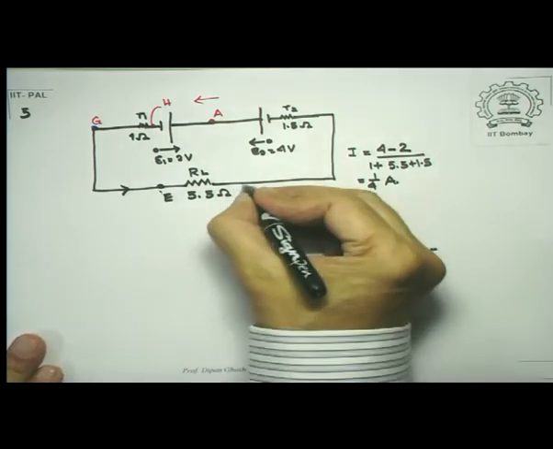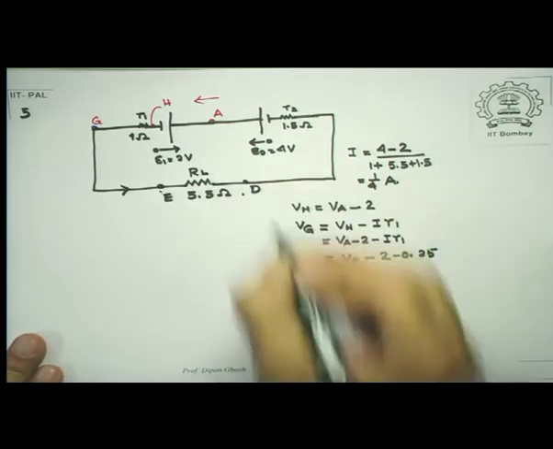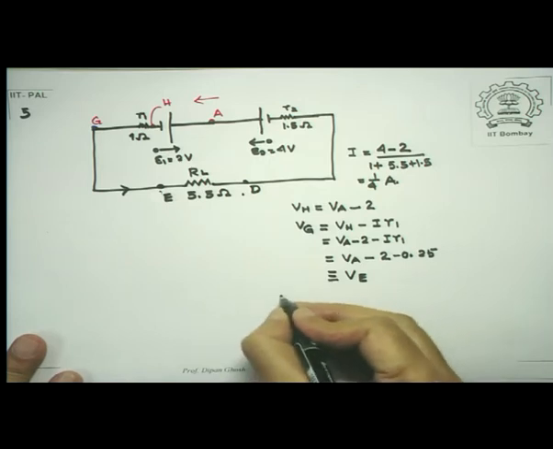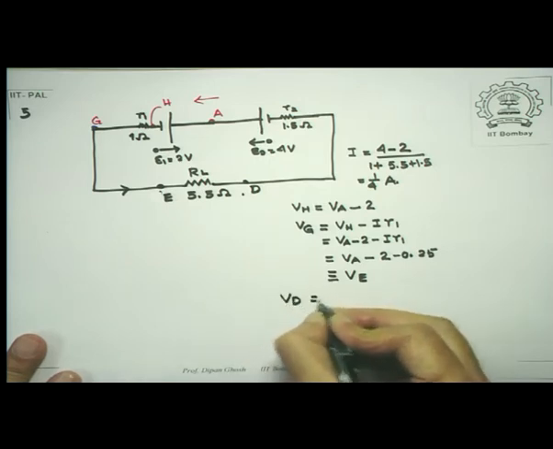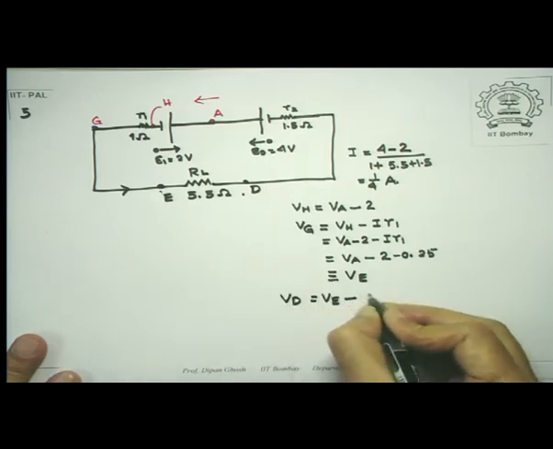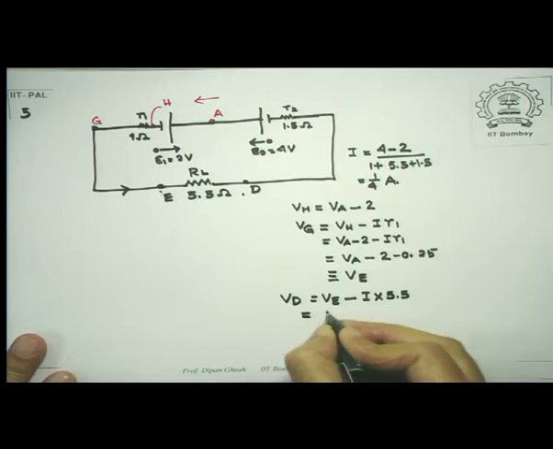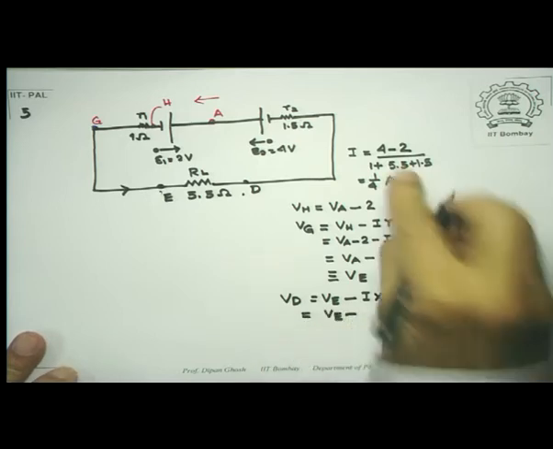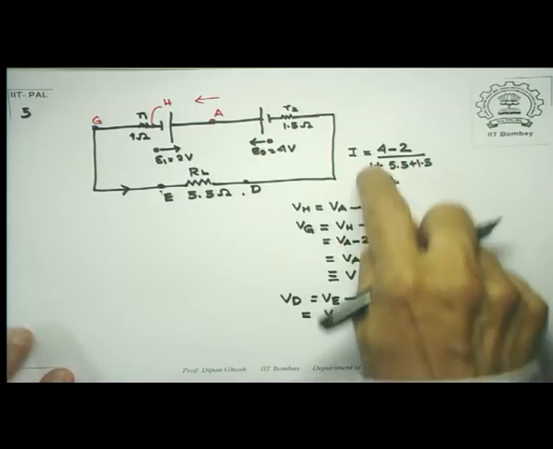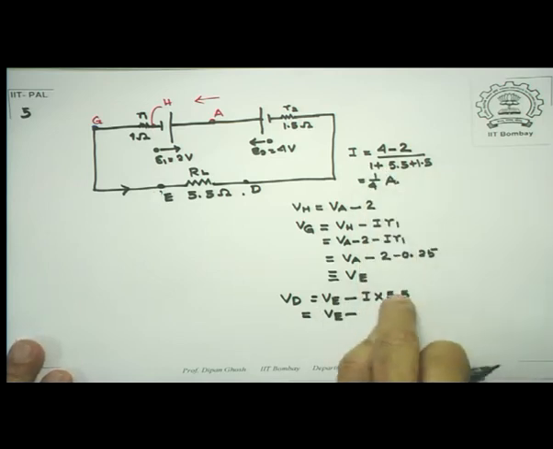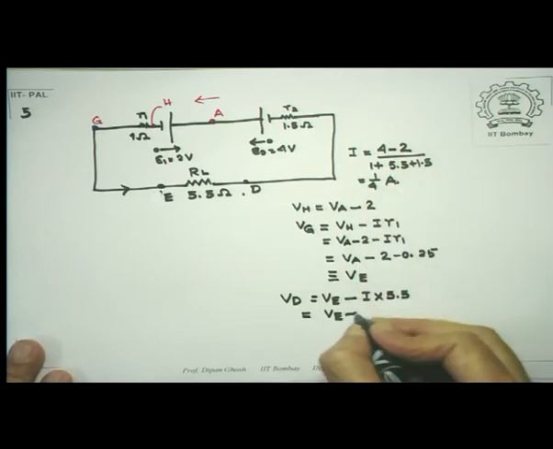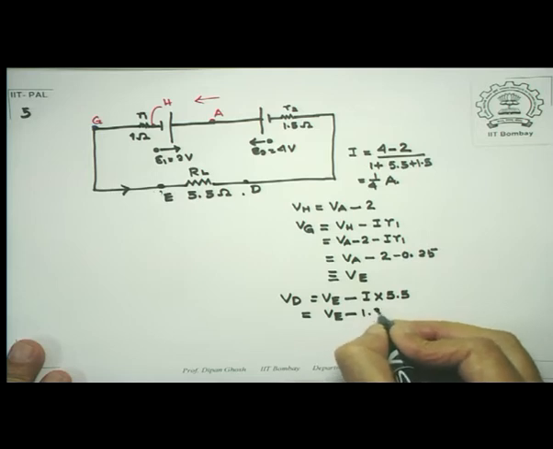Now let me come to this point, D. So we say that Vd is Ve minus I times 5.5, that's equal to Ve, I was shown to be 1 by 4, 5.5 into 1 by 4, which is 1.375.